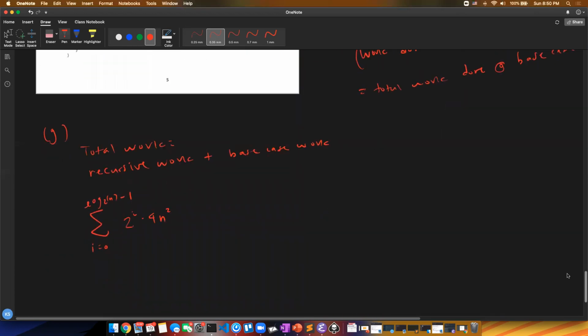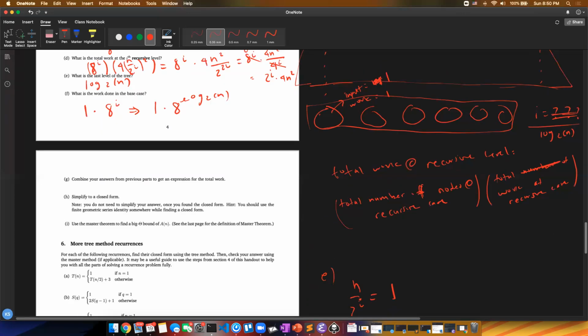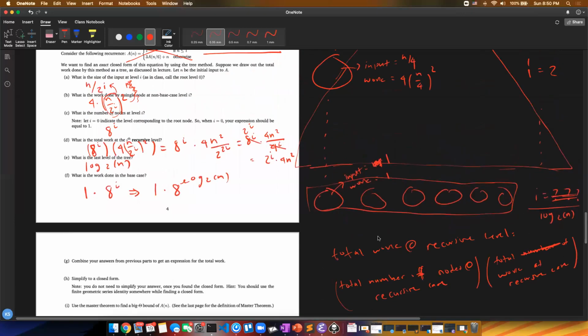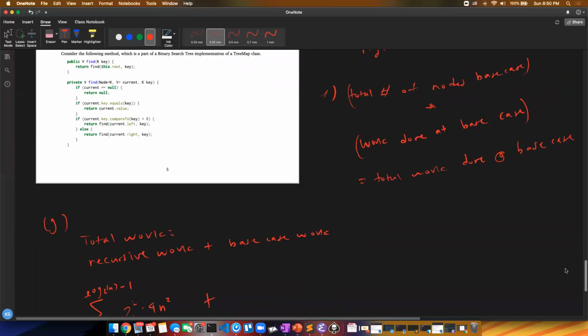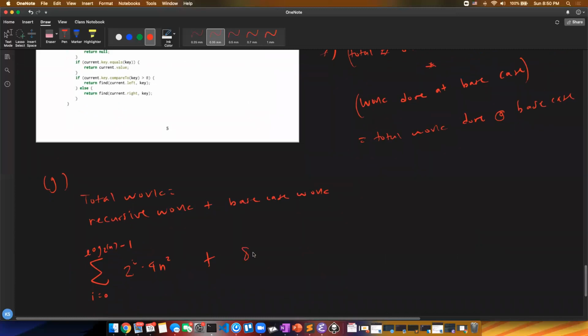You're right. And plus our base case work. Well, we don't have to do any summation in that case, right? Because there's only one level to that, and we already figured out how much work was done across the whole base case. So there is no summation for this part. We can just plug in our part F, and we get 8 to the log base 2 of n for that.